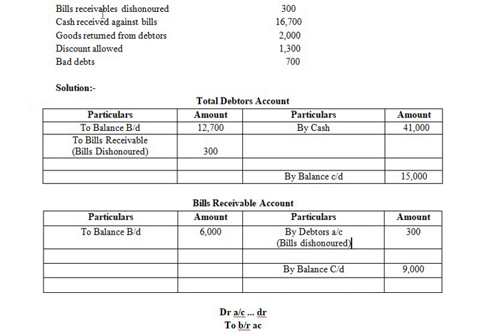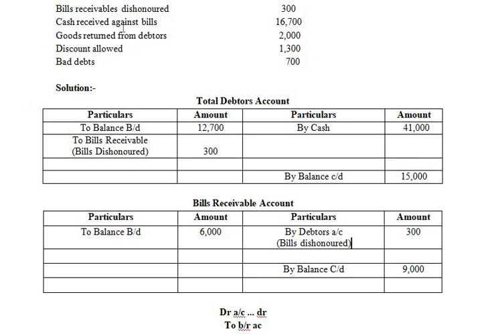Next. What is the next entry? The next entry is cash received against bills. If it was cash received against debtors, it would come over here, that is 41,000 what we have already passed.